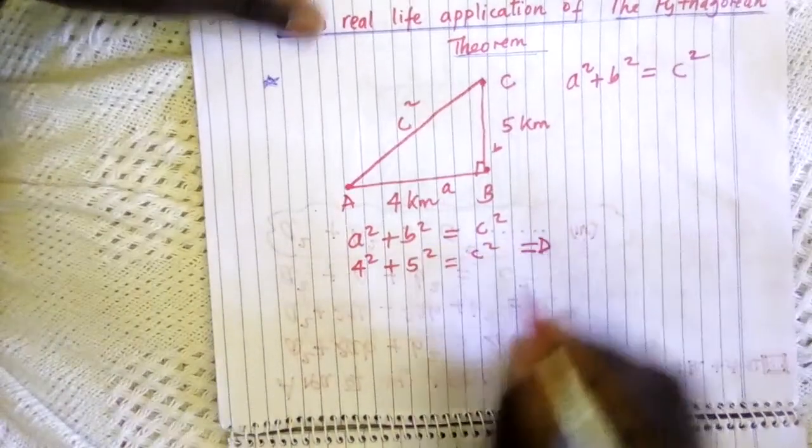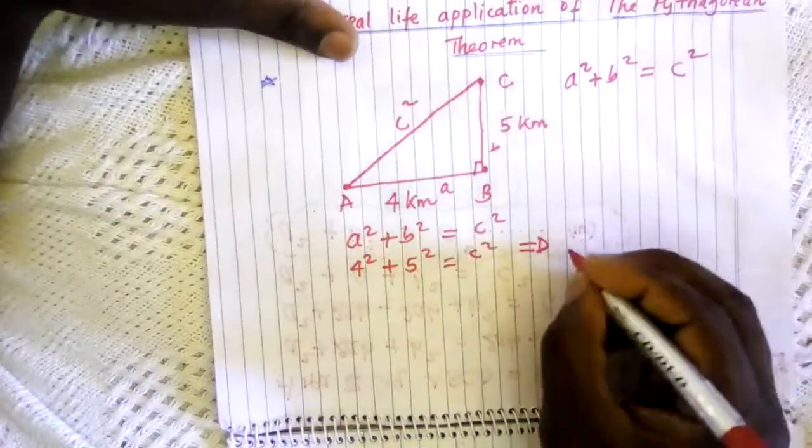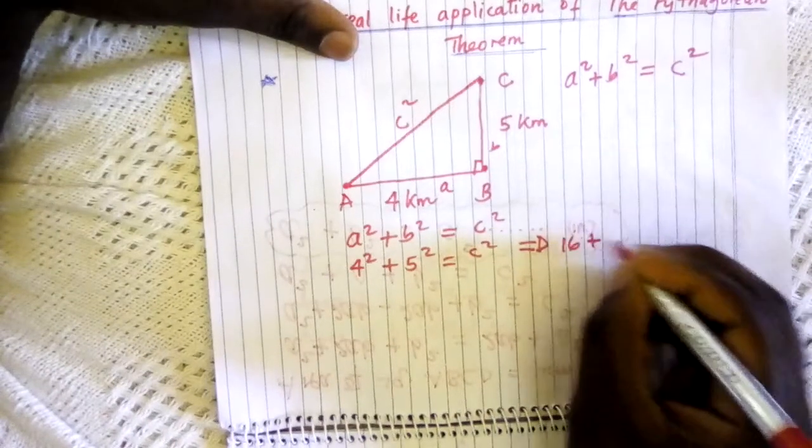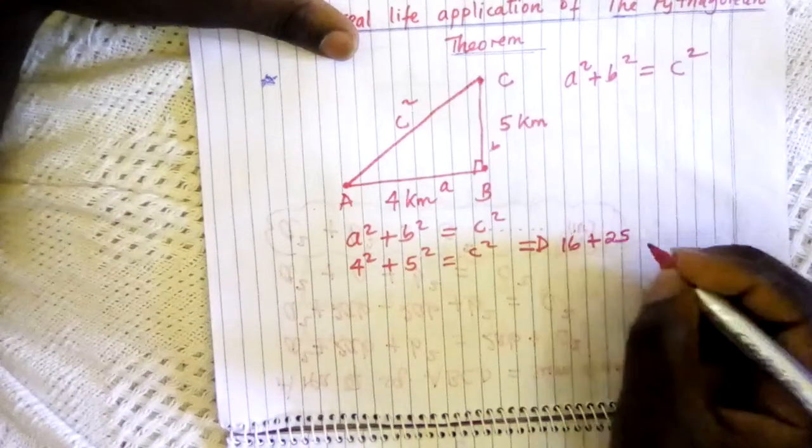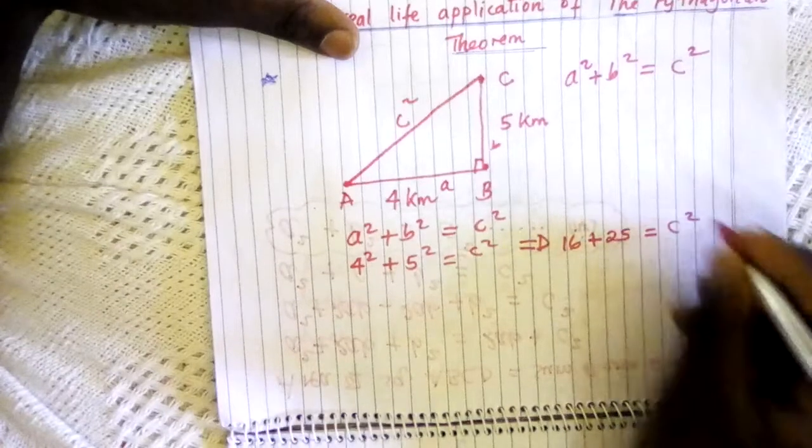We can go ahead and do the mathematics. So we have 16 plus 25 equals C squared.